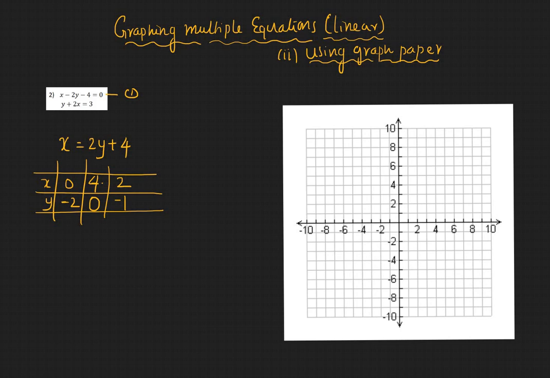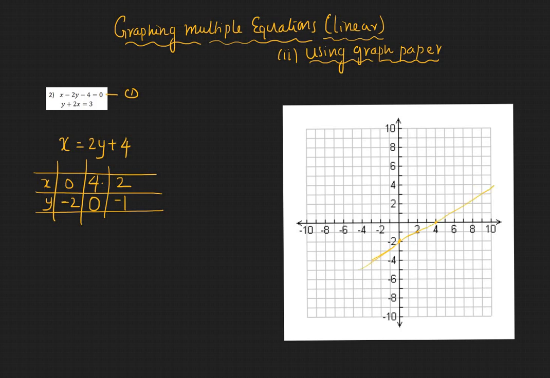So you have 3 points here. So let's plot them. When x is 0, y is -2. When x is 4, y is 0. And when your x is 2, y is -1. So there you go. All the 3 points look to be in the straight line, yes.